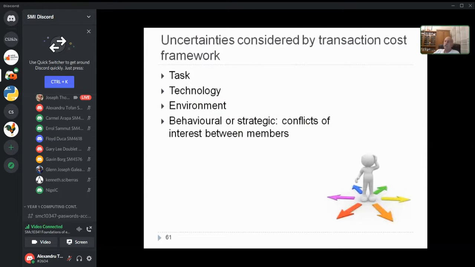Then the technology itself that we are going to use, the environment, and then the behavioral or strategic factors and the conflicts of interest between members. Obviously, the seller wants to maximize his profit. The buyer wants to get as much value for money as possible. So the seller will ask for a high price, and the buyer is going to haggle to reduce that price.